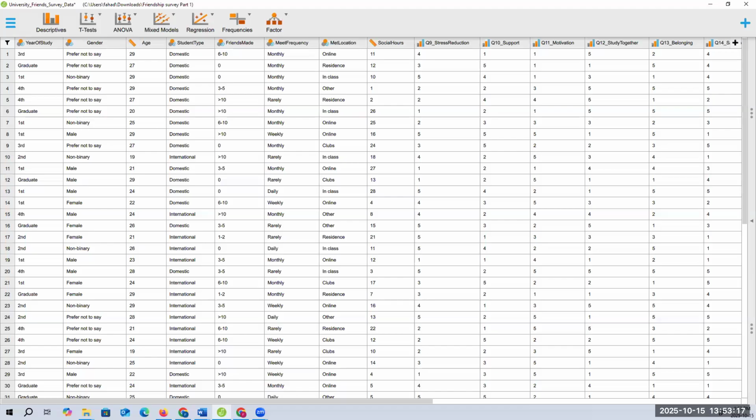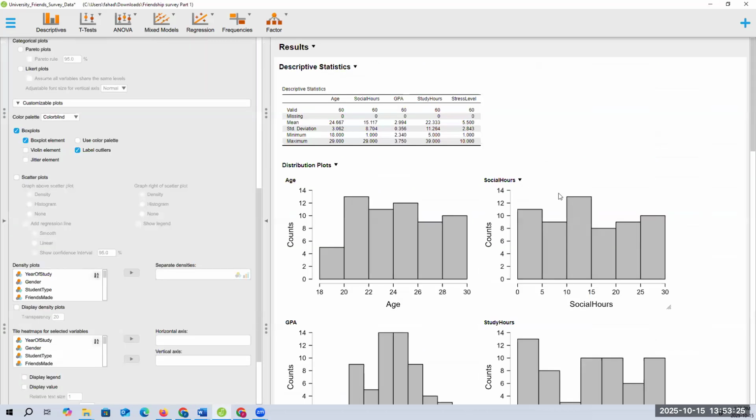Another analysis we could do: based on this analysis, the average GPA is around 3.02, actually 2.99, and the standard deviation is 0.35. So that's what we would report.